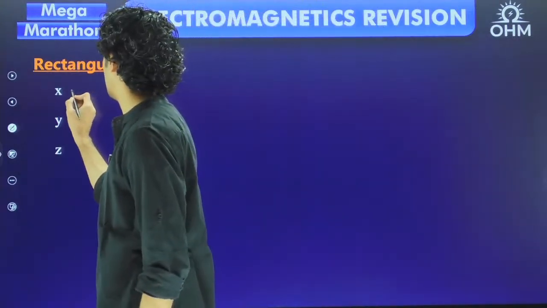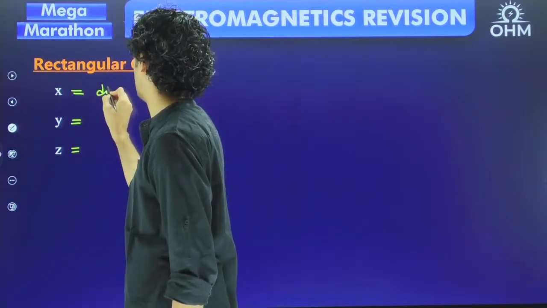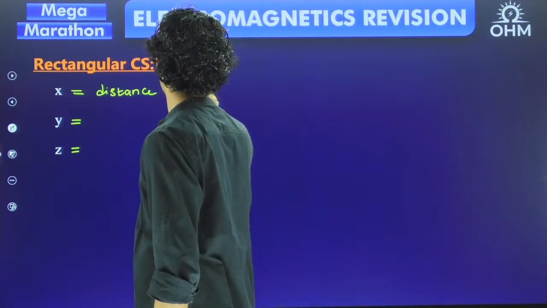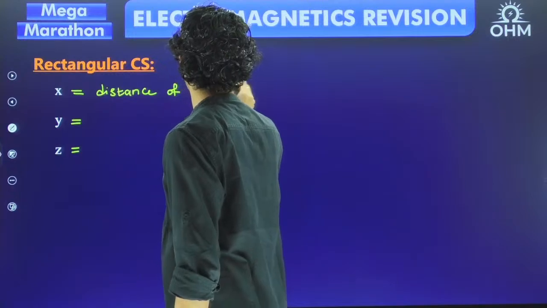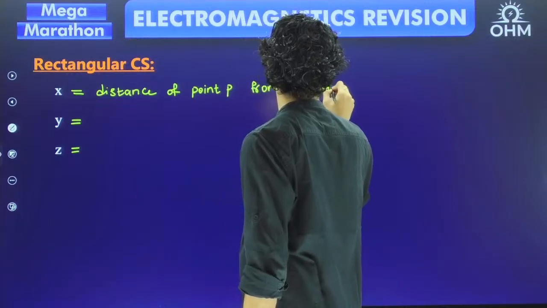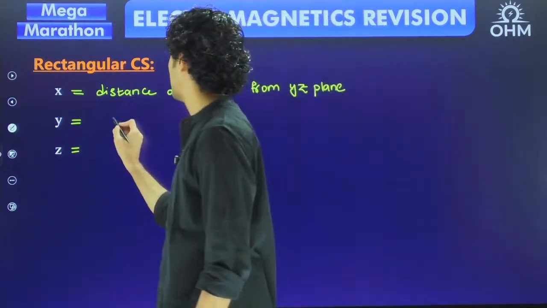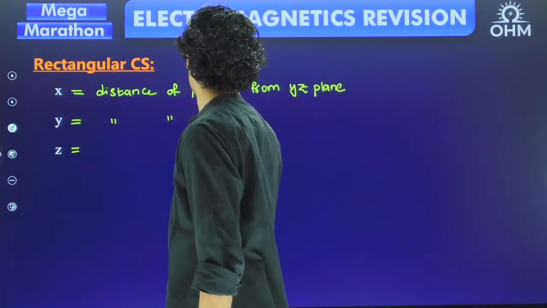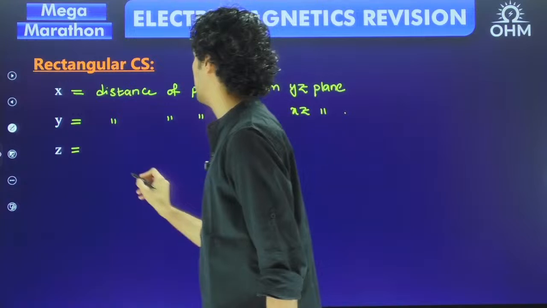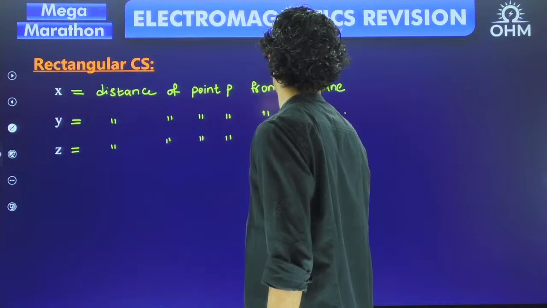Briefly, x is the distance of a particular point P from the yz plane, measured usually in the positive direction of x, and y is the distance of a point P from the xz plane, and lastly z is the distance of a particular point P from the xy plane.